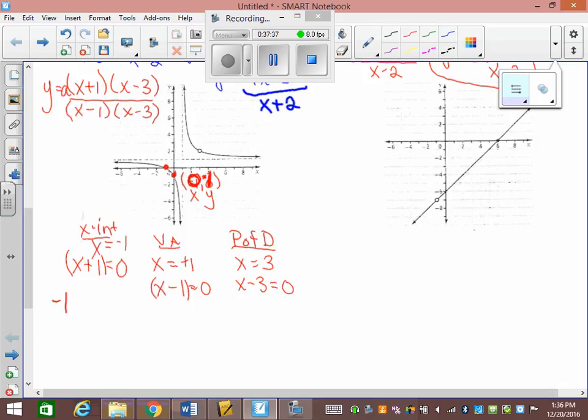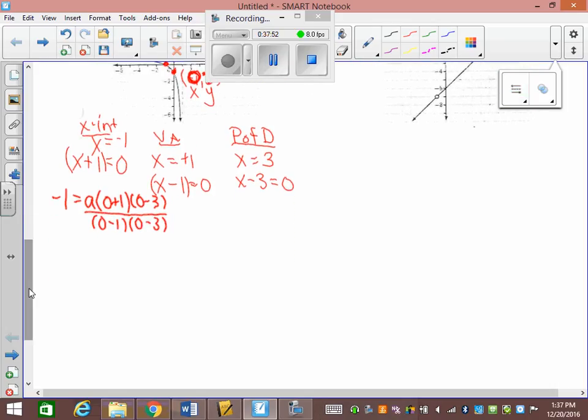So I'm going to get negative 1 equals A, 0 plus 1, 0 minus 3 over 0 minus 1, 0 minus 3. Negative 1 equals A times 1 times negative 3. These are multiplied, not added.